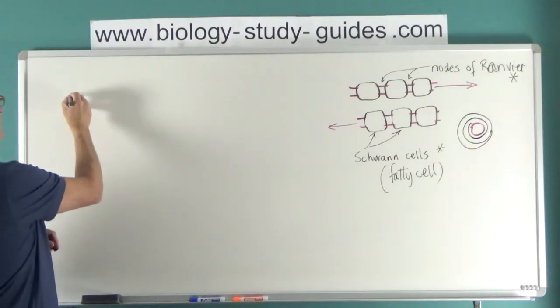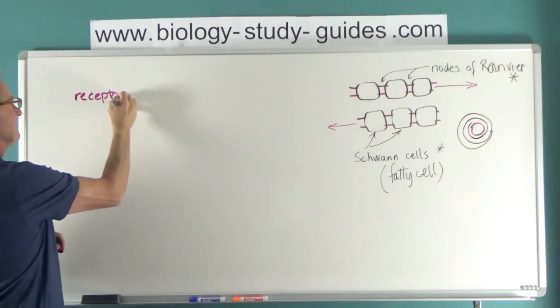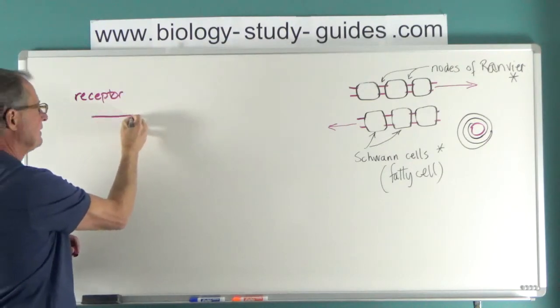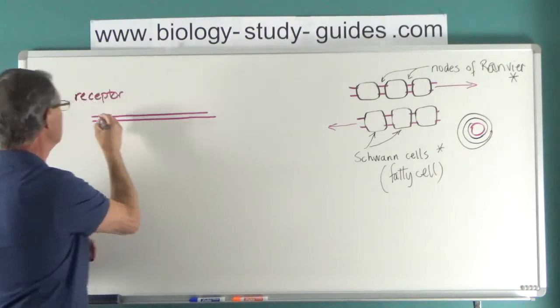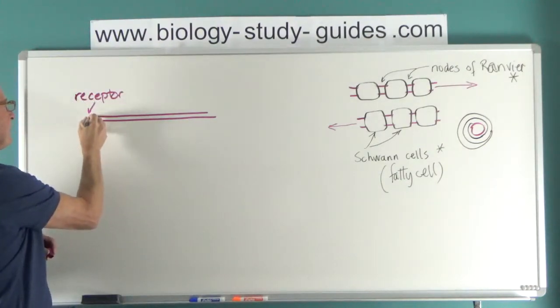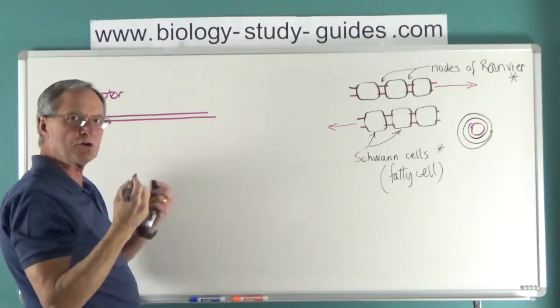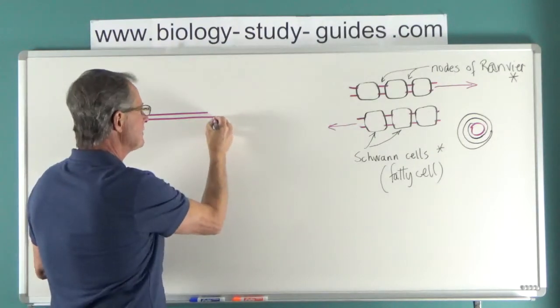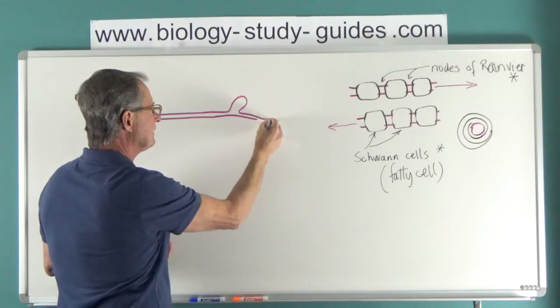Let's suppose that the receptor is here, out on the end. Here's the long fiber, the receptor on this end, whatever it looks like. This is the nerve fiber itself, the neuron. It does have a feature along its way here, like that.